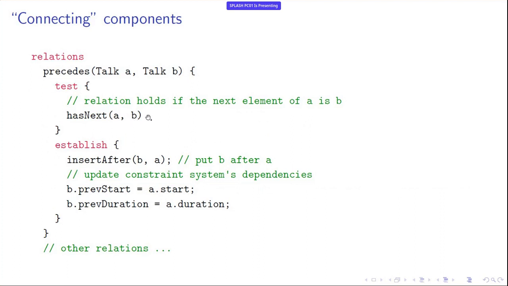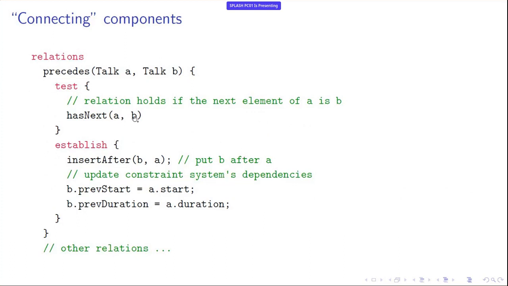This is a predicate that will return true if B follows A in the structure. And by the way, these functions have full access to the entire structure of your GUI, so you do not have to pass these as arguments.